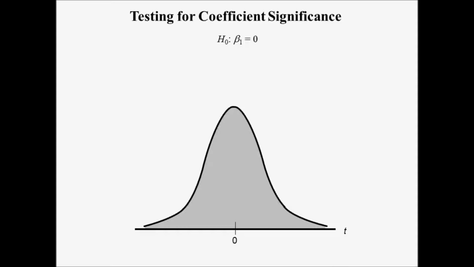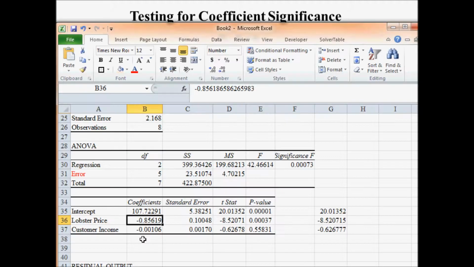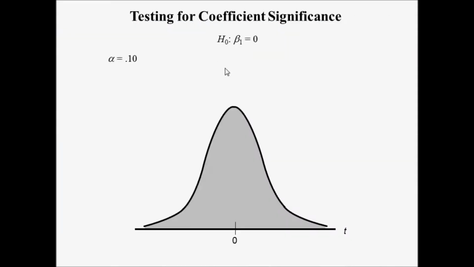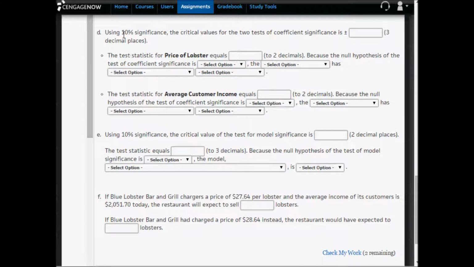The alternative hypothesis would be beta 1 not equal to 0, or beta 1 less than 0, or beta 1 greater than 0. Now, we cannot know beta 1, but we've estimated it with B1, which equals negative 0.85619. The alpha level we're going to use is 10%.